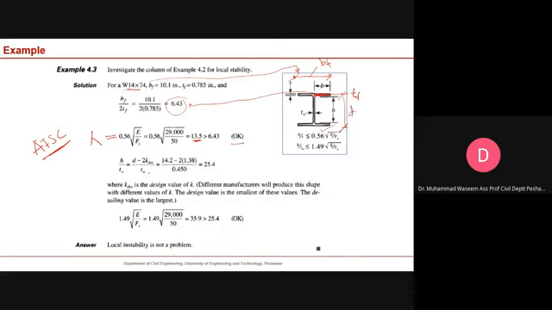Now you have to subtract two times this factor. What is this factor? Actually, if you look at this wide flange section, there is a curvature here.